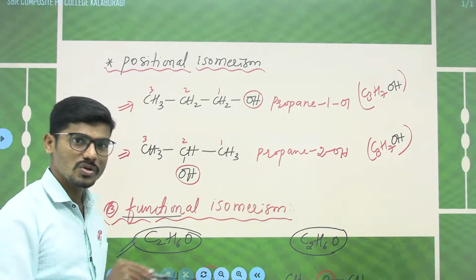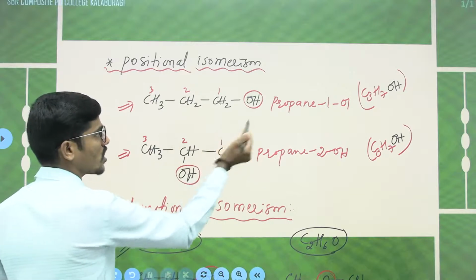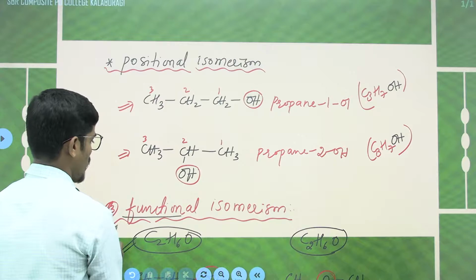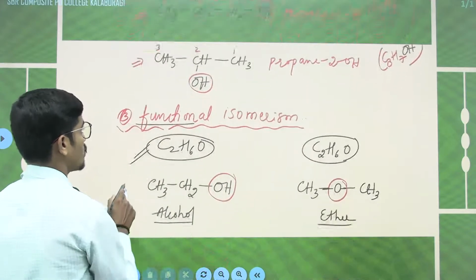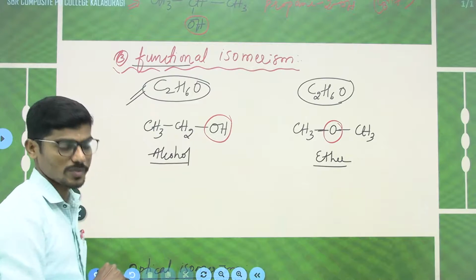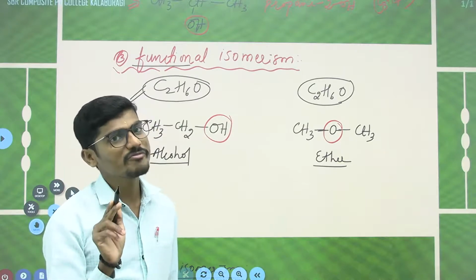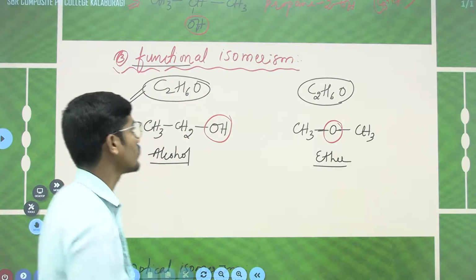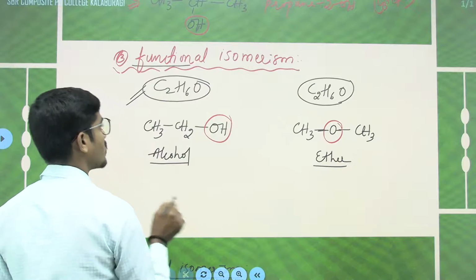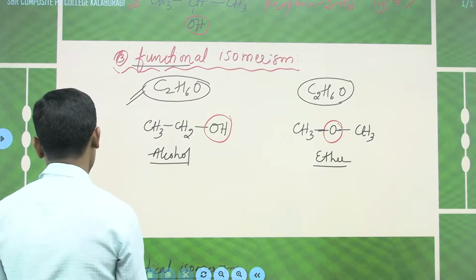Compounds having the same molecular formula and same functional group but differing in the position of the functional group are positional isomers, and the phenomenon is positional isomerism. Next is functional isomerism: compounds having the same molecular formula but differing in the functional group itself are called functional isomers, and the phenomenon is functional isomerism.